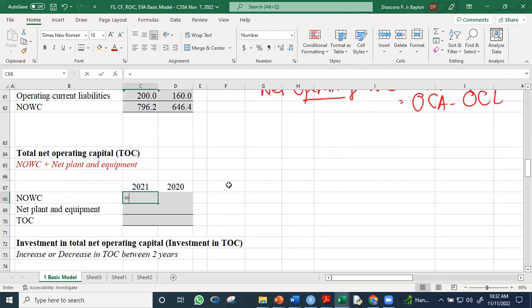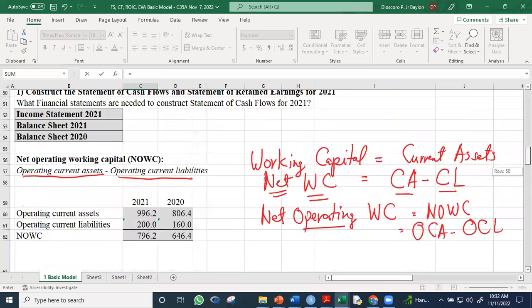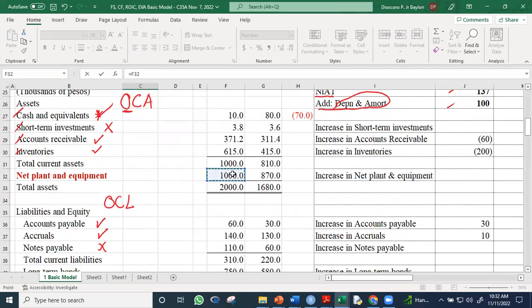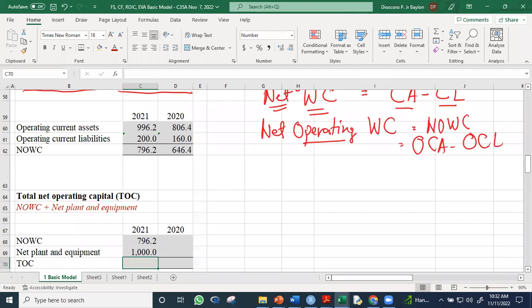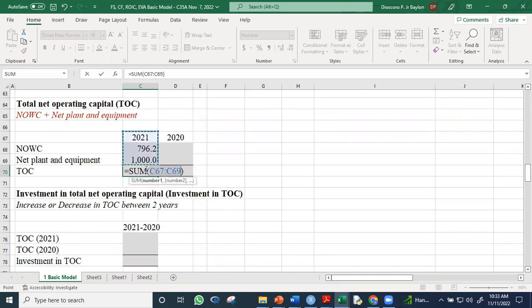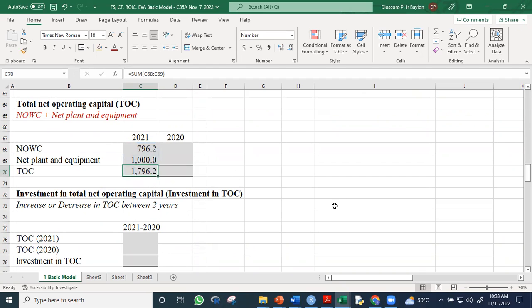Let's just copy here the NOWC and then the net plant and equipment to get it from the balance sheet. We can just sum this up, enter, and then I'll just copy this to the right.